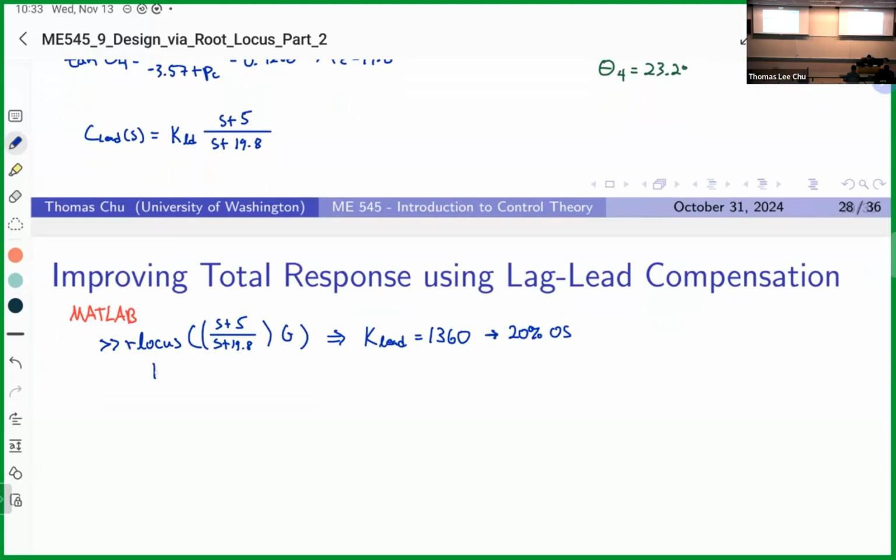I think from MATLAB the numbers were my peak time was 2.19 seconds, and the settling time of the compensated system was 1.10 seconds.